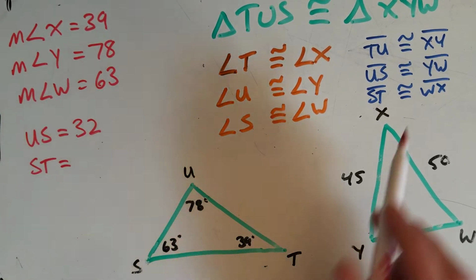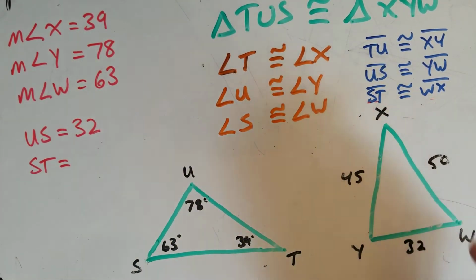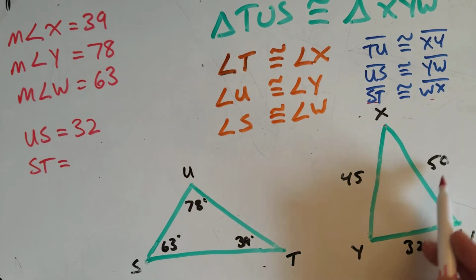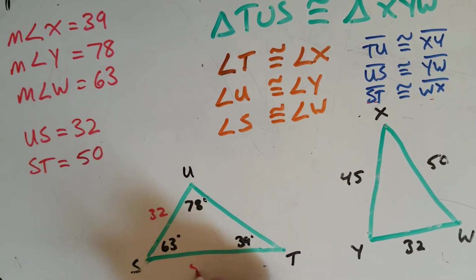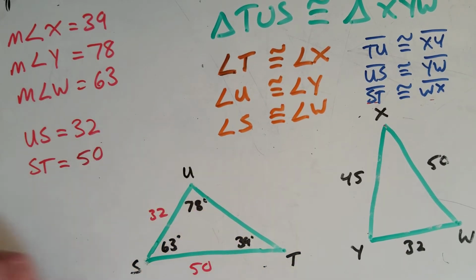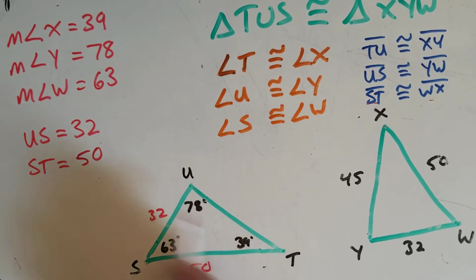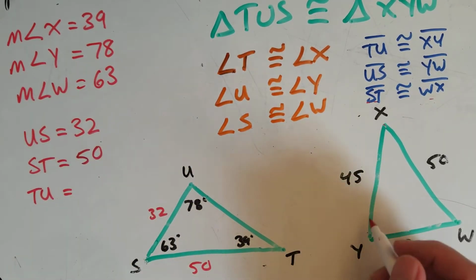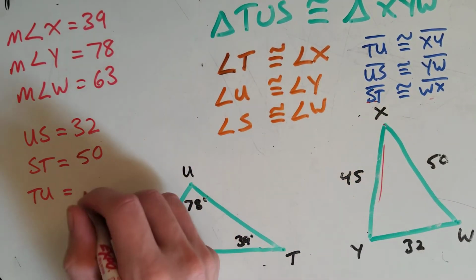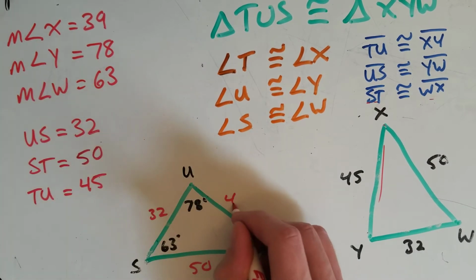ST corresponds with WX. So WX is 50, so ST would be 50 as well. You can even fill them in if you want to as you go. And then our last that we want to find is TU. TU is going to correspond with XY here, so it's also going to be 45.